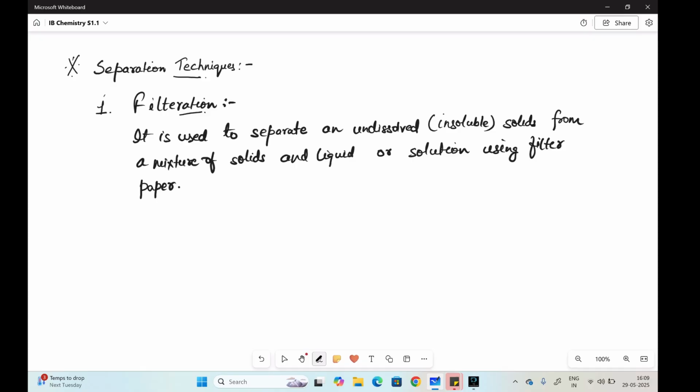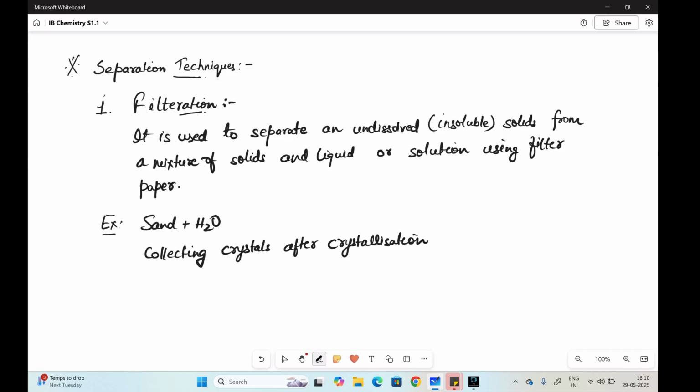Right? So there are so many solutions which are separated using the filtration process, for example sand and water, or collecting crystals after crystallization, right?